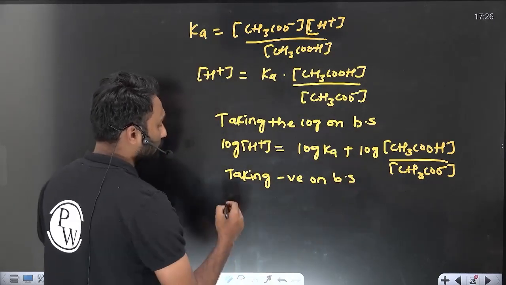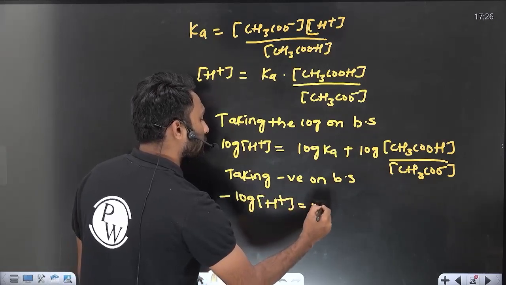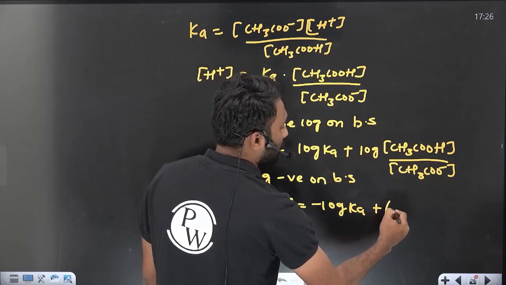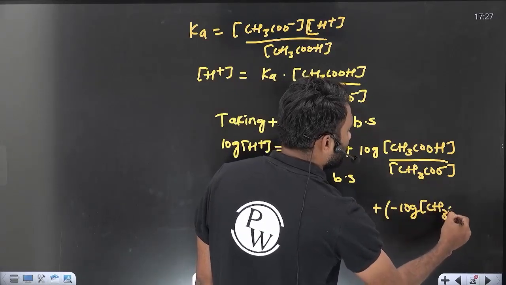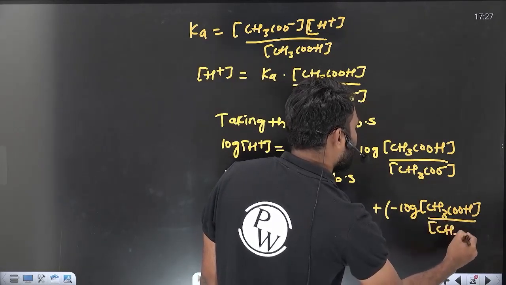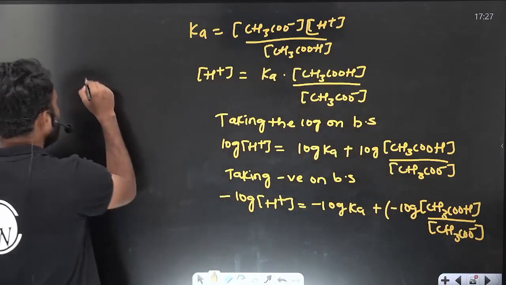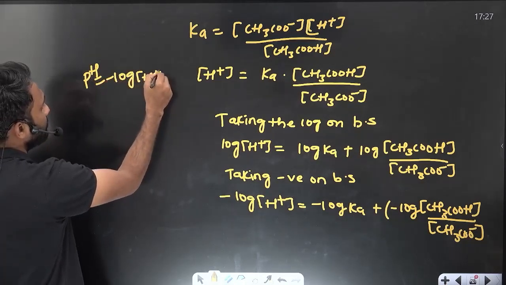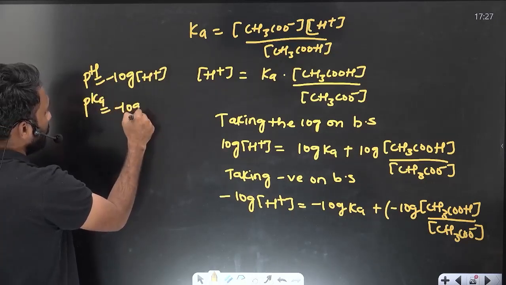Now here, taking negative on both sides, what happens? Minus log H plus ion concentration is equal to minus log Ka plus minus log of acetic acid by acetate ion, okay. Now here pH is equal to minus log H plus ion concentration. Now here pKa is equal to minus log Ka.